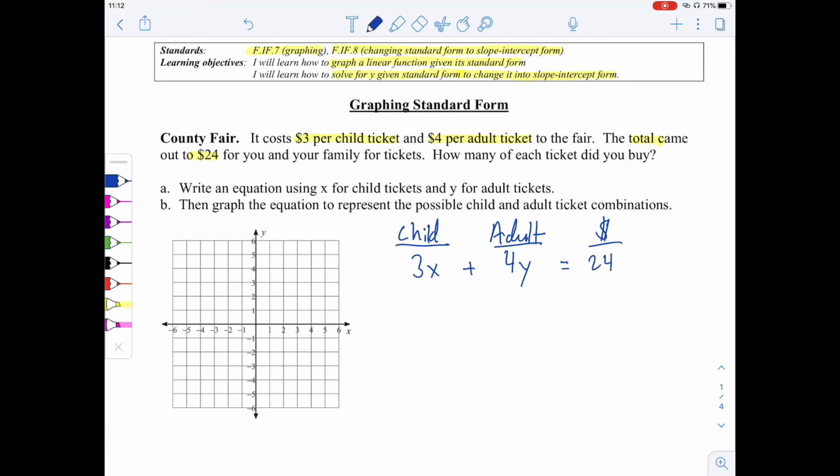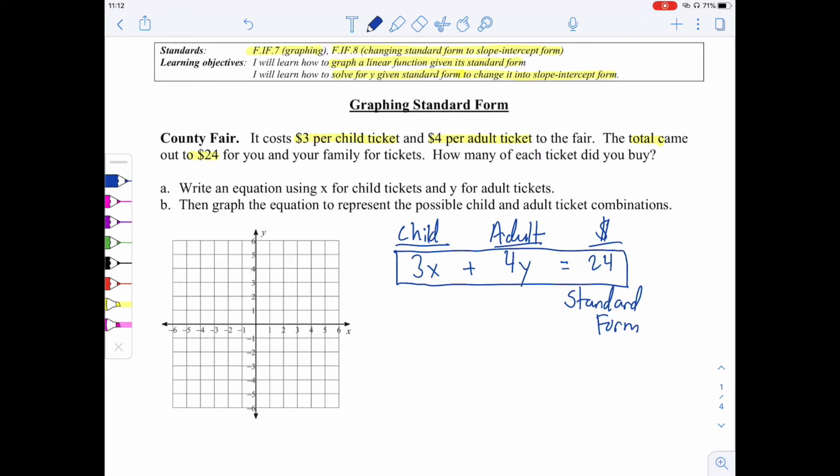So this is our standard form equation. Okay, so an easy way, just make categories, write it out. So this is our standard form. And then we want to be able to graph these.